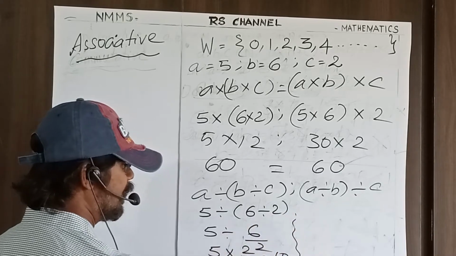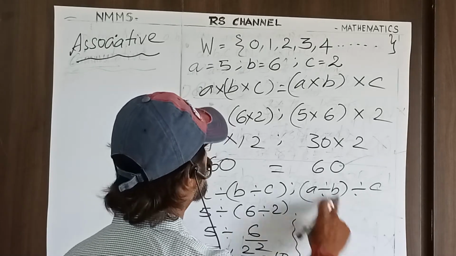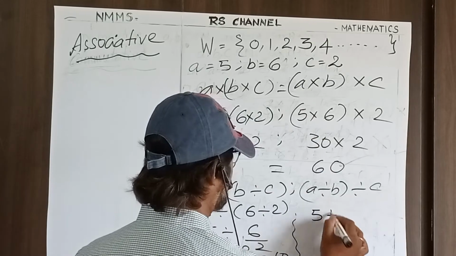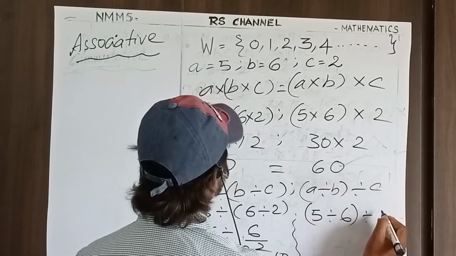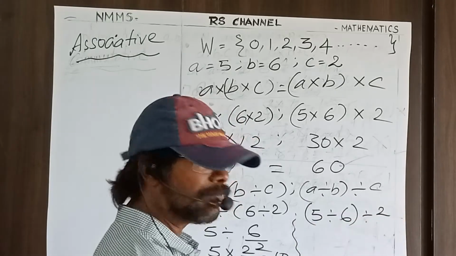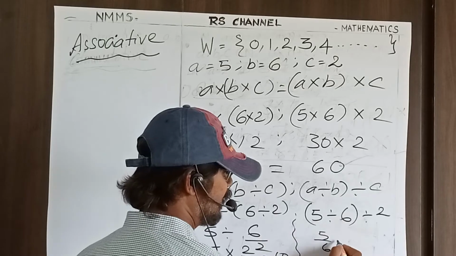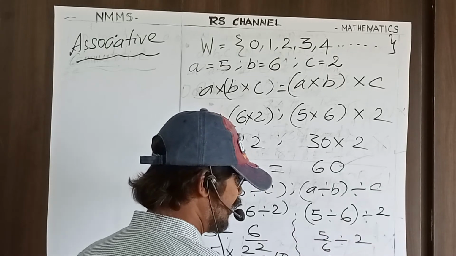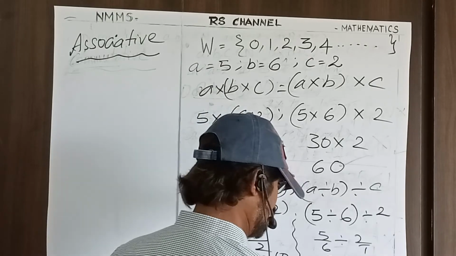Now go for that. A is 5, B is 6, C is 2. First you do the operation in the bracket. So 5 by 6 divided by 2 is 5 by 6 into 1 by 2, that is 5 by 12.